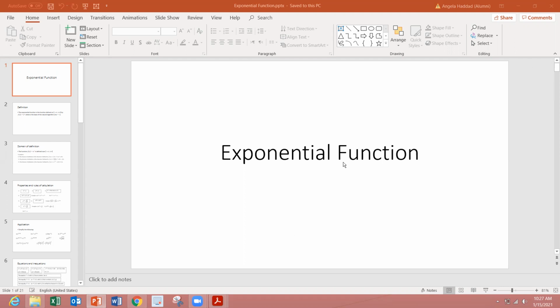Okay. Good morning once again. Good morning. Let's start. بعد في عنا part صغير بالexponential about drawing the exponential function.